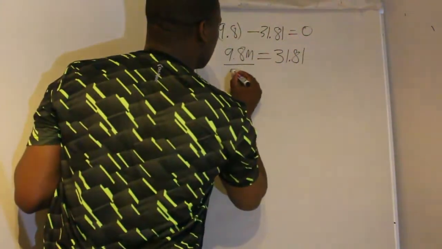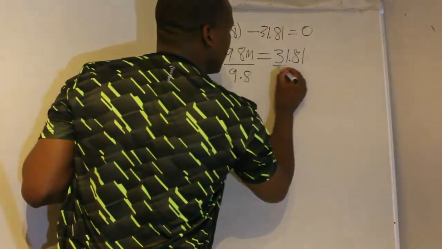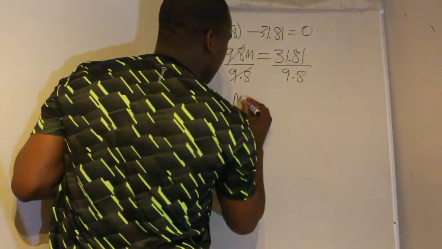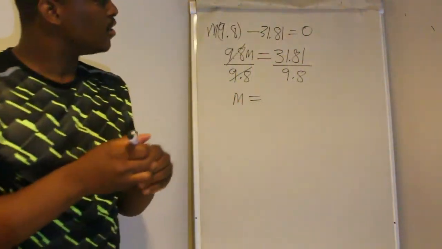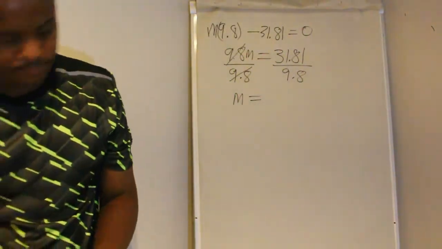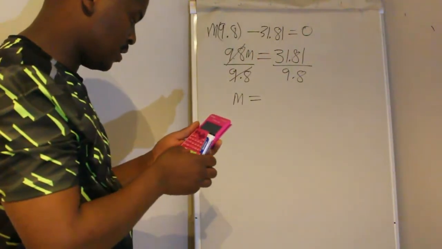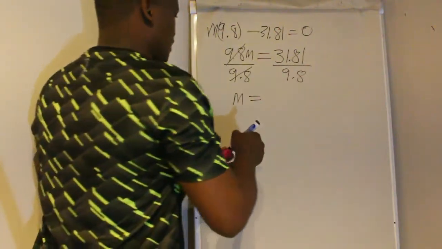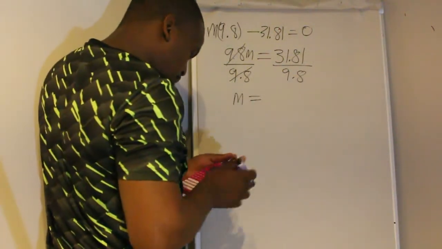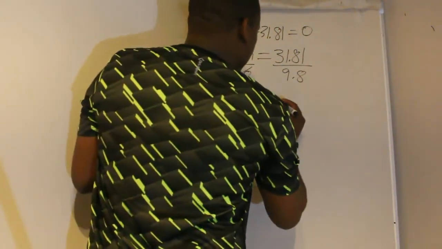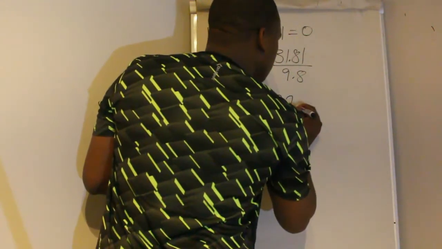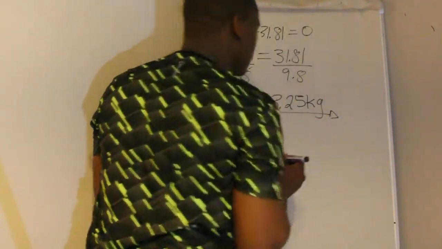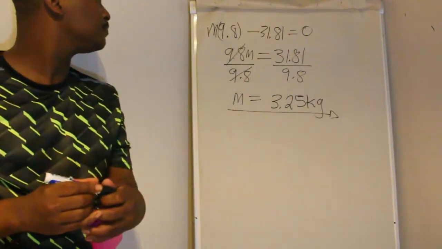So divide by 9,8, divide by 9,8. This cancels out. m is equal to 31,81 divided by 9,8, which is 3.25 kg. So this is the mass of that unit.